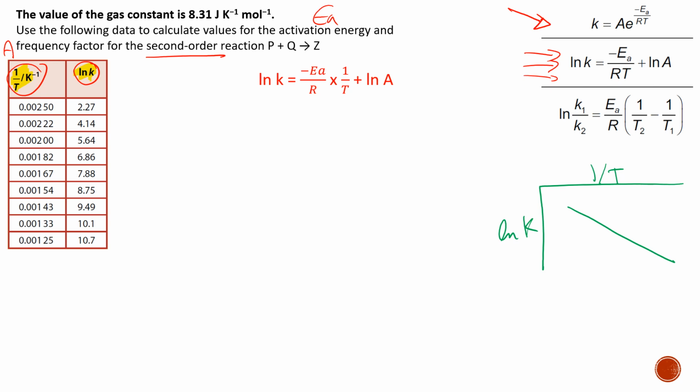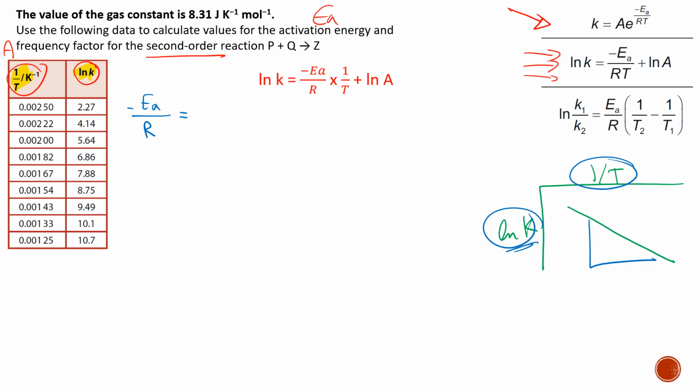Then, if we calculate the gradient, we will find the value of negative EA over R. So let's go ahead and calculate negative EA over R, which represents the gradient of this graph, or this straight line.